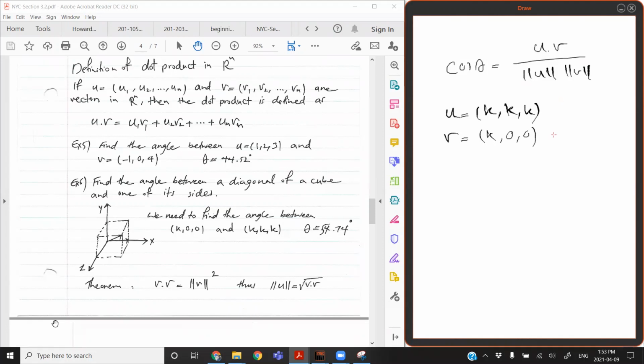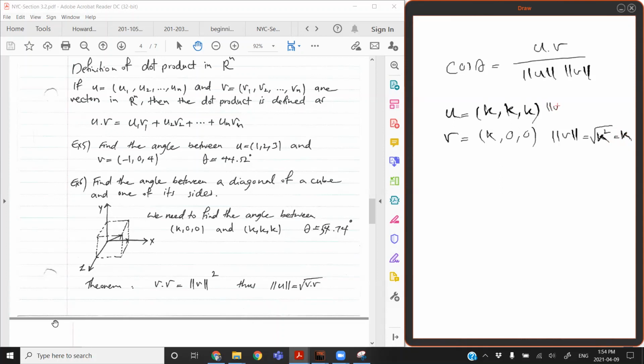Okay, so norm of v is easy to get. It's the square root of k squared plus 0 squared plus 0 squared. So it's going to be the square root of k squared, which is simply k, because k is positive. It's the length, so it's positive.